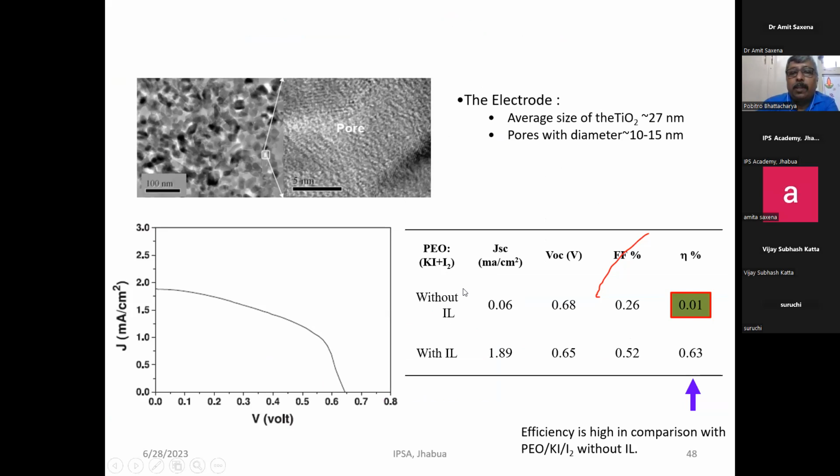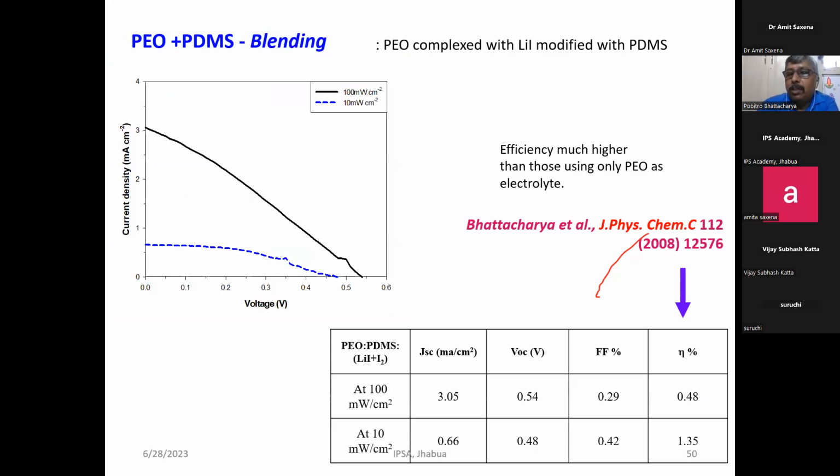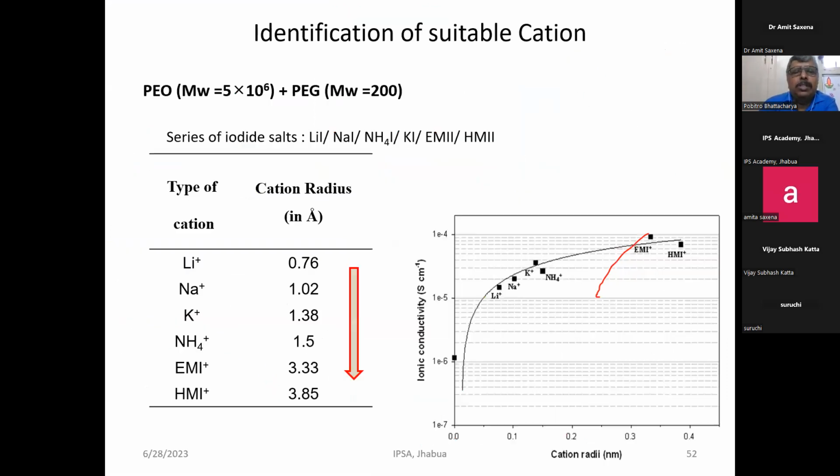When it is added with ionic liquid, the efficiency jumps by multiple orders, from 0.017 to 0.63%. It is a big jump. Then if we add a silicon-based polymer in the carbon-based polymer, the efficiency could be even more than 1%. Different polymers, different salts, different combinations, we could achieve something close to 3% with these combinations.